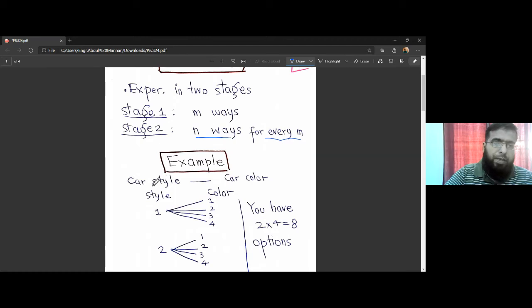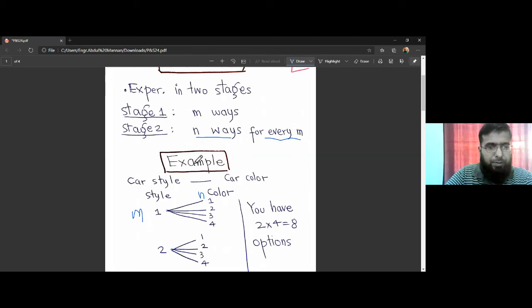We're going to buy a car which is available in two styles, style 1 and style 2, and 4 colors, 1 2 3 4. For each style we have 4 colors, so this can be thought of as m and this as n. So car style is m, car color is n, so we have 2 times 4, 8 possible options. Style 1 color 1, style 1 color 2, and finally style 2 color 4.